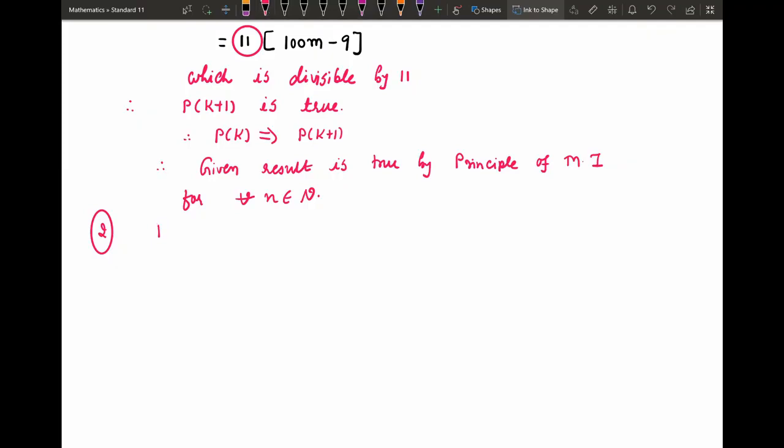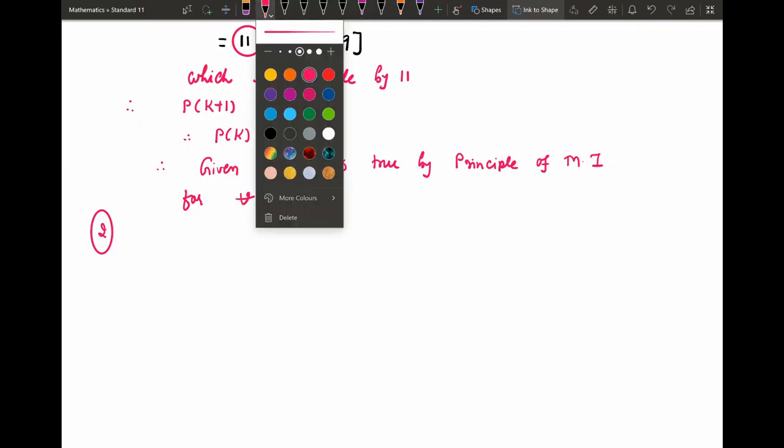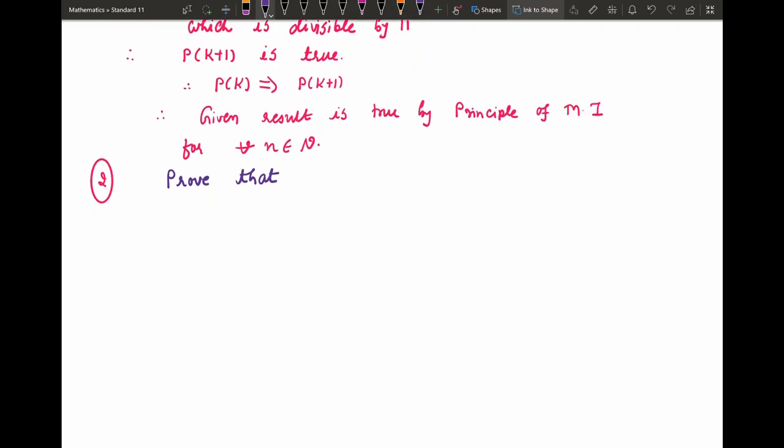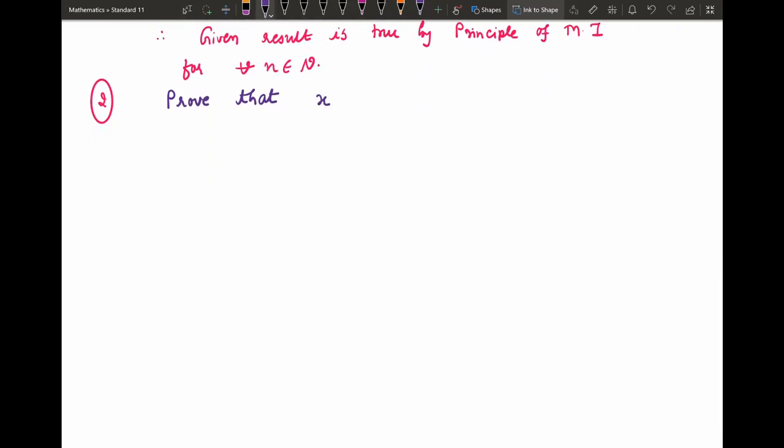Prove that x raised to 2n minus y raised to 2n is divisible by x plus y.